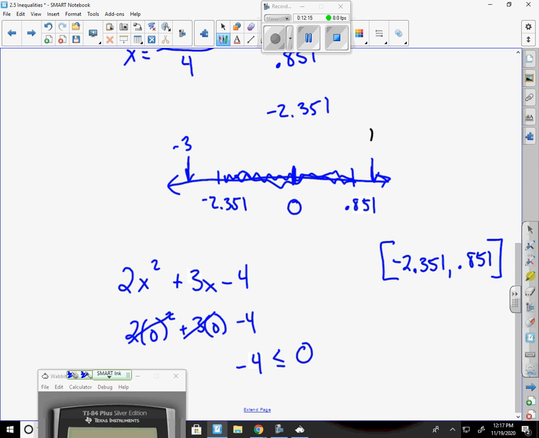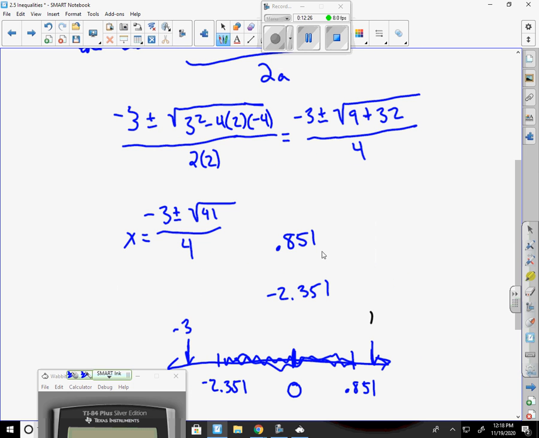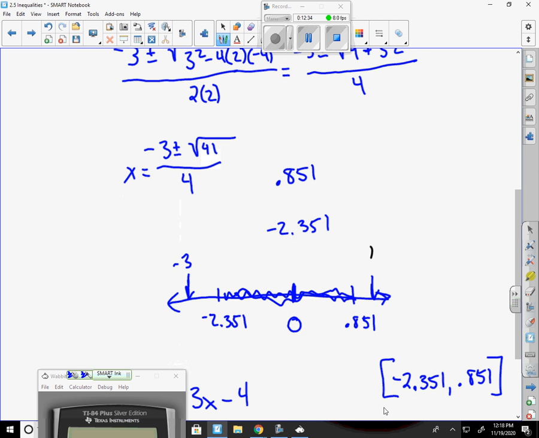But in general, once you get the gist of it, I'm not going to make you check your answers by doing something like this. I would be fine if I say do it algebraically, if you would just do this portion of it to come up with these numbers, and then just give me this interval. I won't make you do the check because you have graphs at your disposal.